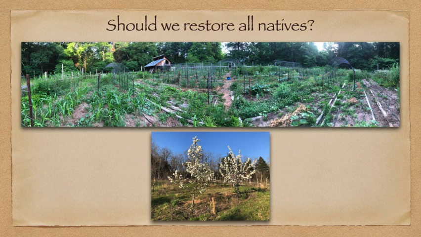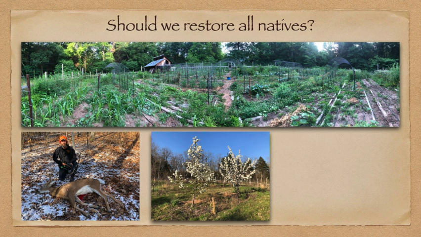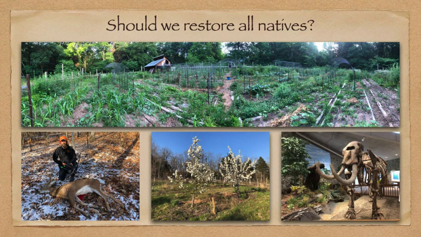And if you're someone who advocates for restoring native animals extirpated by humans, be careful consulting a geologist. Because those of us who have gardens and orchards, we know how hard it is to manage deer, and we really don't want to manage mastodons.